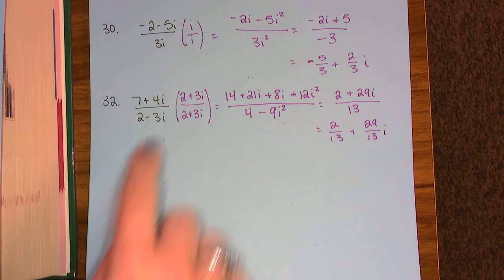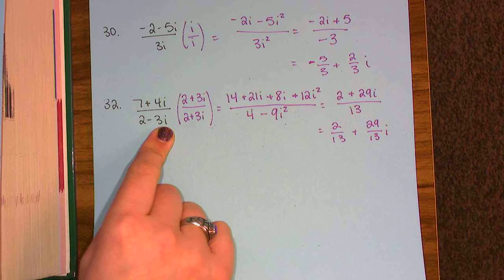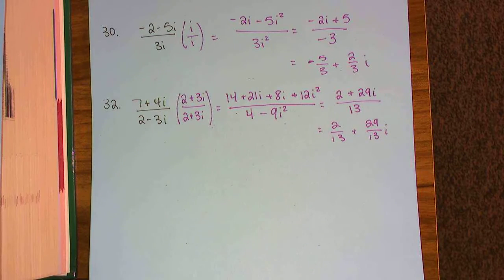If I multiplied this one just by i, on the bottom I would get 2i plus 3. So you got to get rid of the i's on the bottom. If there's two things being either added or subtracted, you need to multiply by the conjugate.